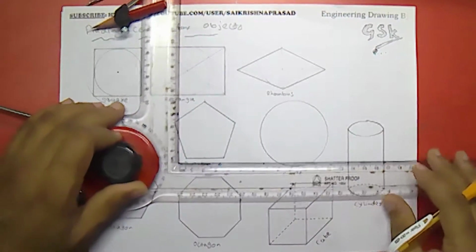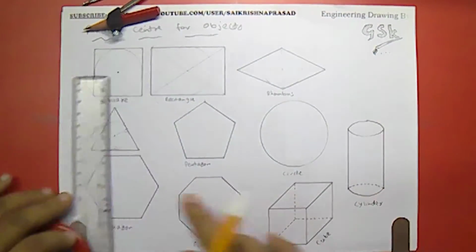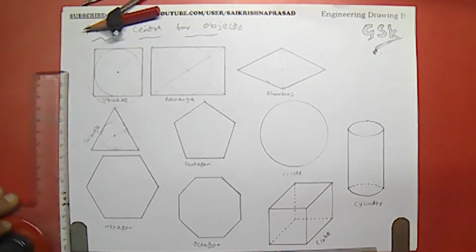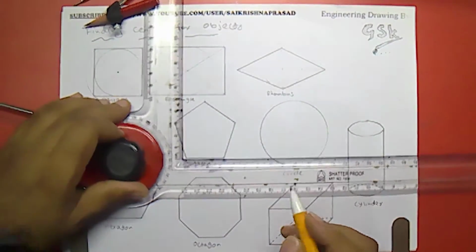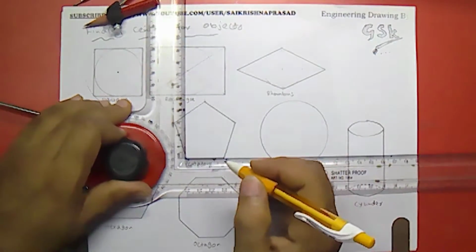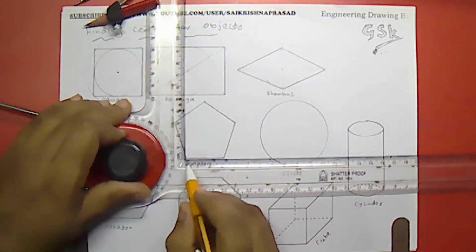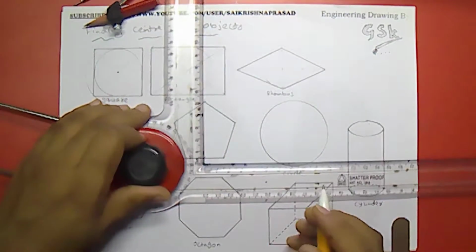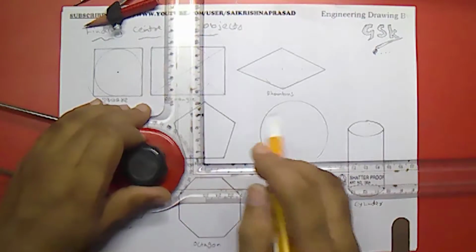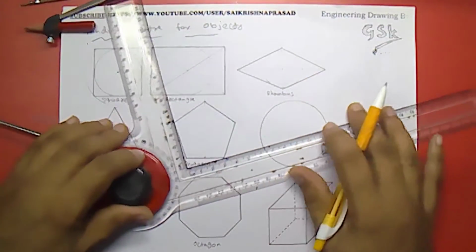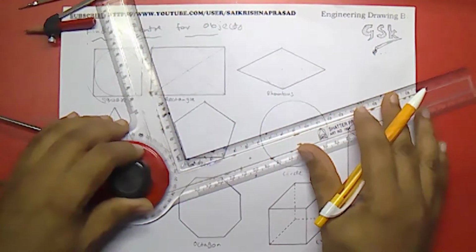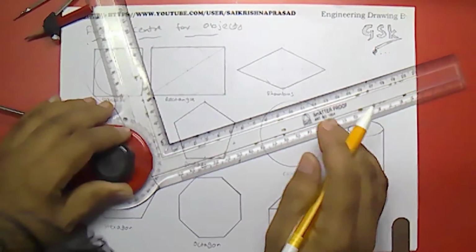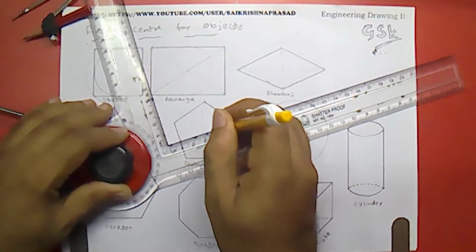Now how to find the center for the pentagon? The same method which we followed for the triangle. Just make it half. The side of this pentagon is 3, so half is 1.5. So I'll be drawing a perpendicular in this direction, and for this side also I'm drawing a perpendicular at the half, joining to this corner.